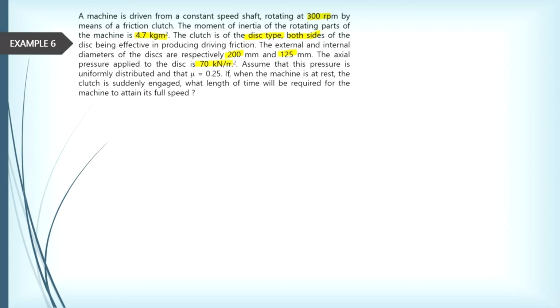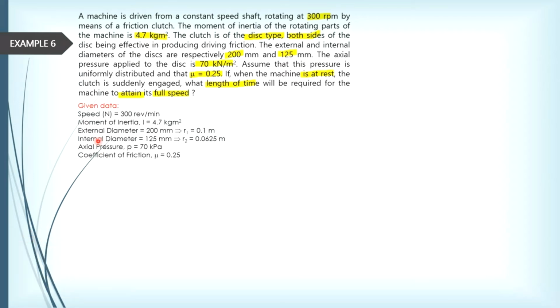The pressure is given, the coefficient of friction is given. The question wants us to find, with the machine initially at rest, the length of time to attain full speed. So these are the given data.